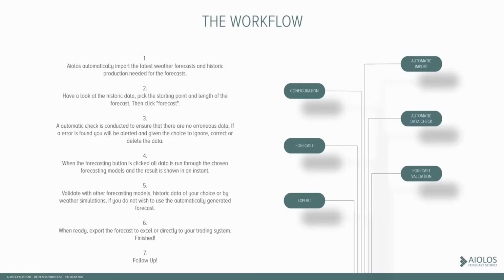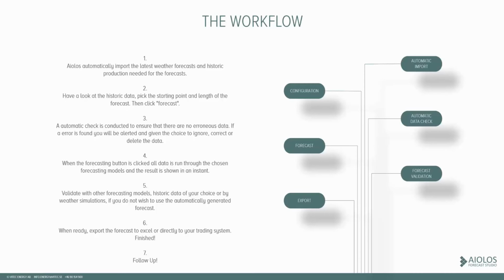You can see if you have any spikes, for example, that you need to correct. When you have done so, you can simply click forecast, and you will have the automatic check of the data to make sure that there are no erroneous data, no missing values. And you will then of course be alerted if that's the case, and you can choose to ignore that information, you can choose to correct the data, or you can choose to delete the data.